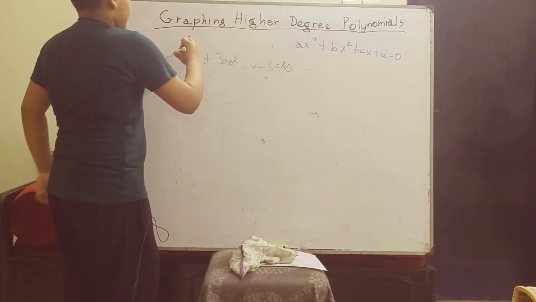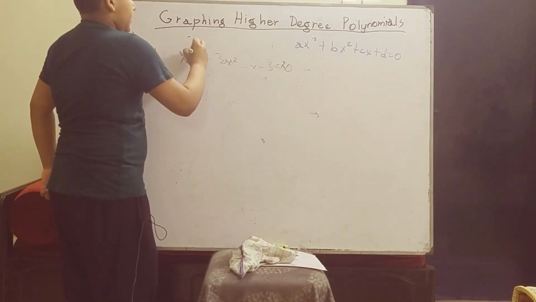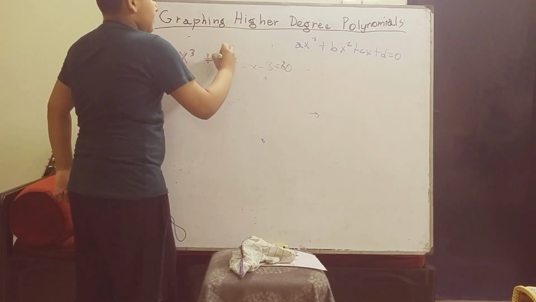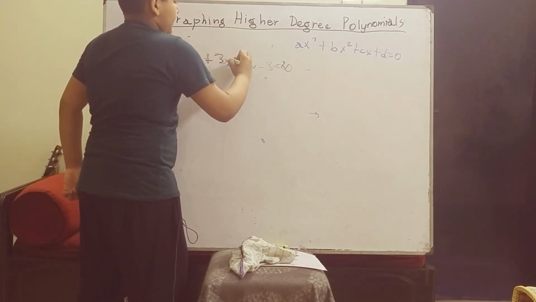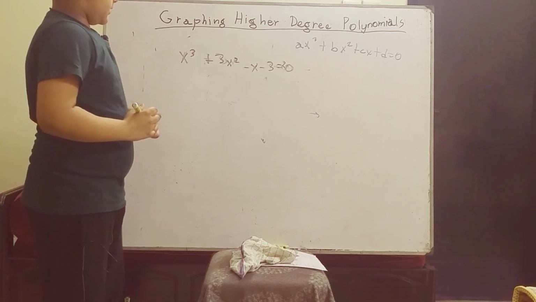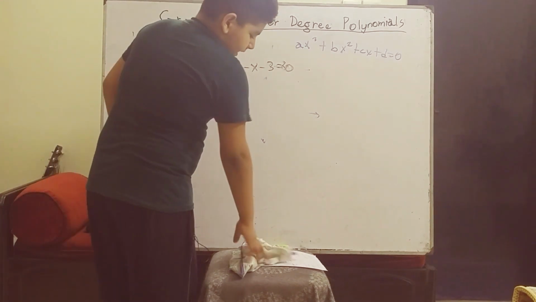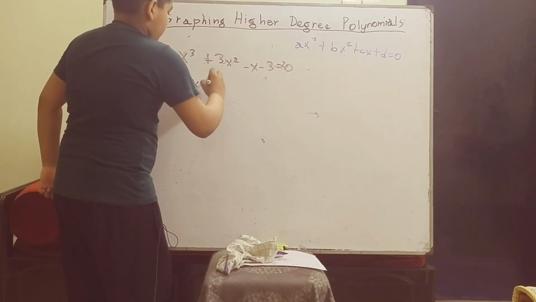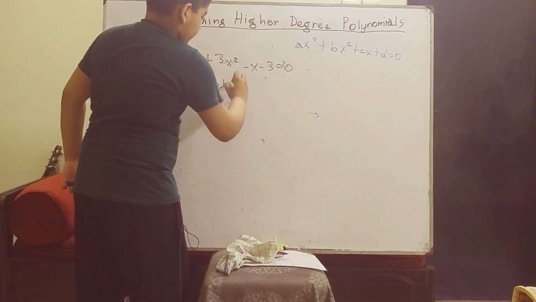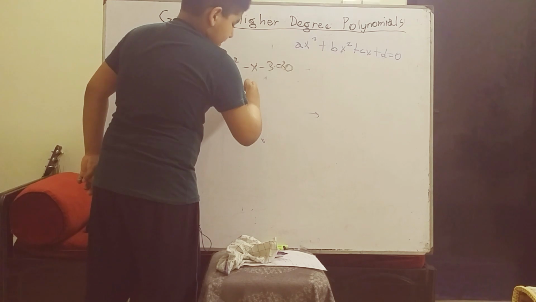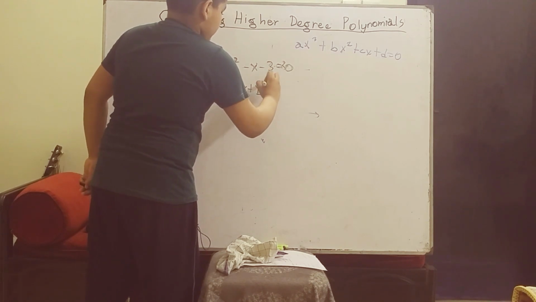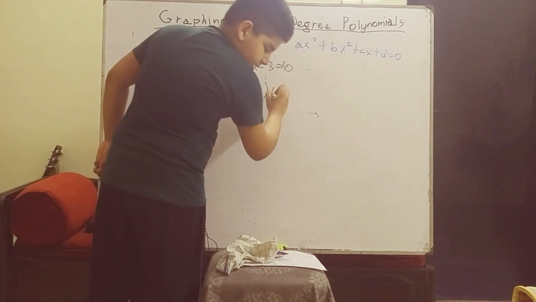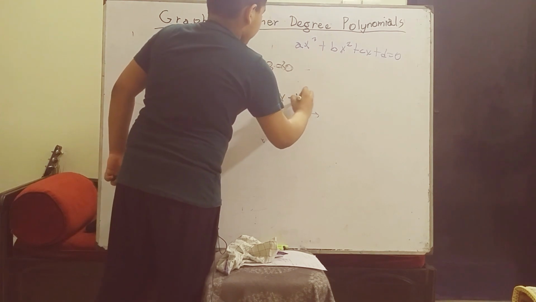Actually, let me make it darker so that it's easier for you to see. Much better. By doing synthetic division, we get x plus 3 times x plus 1 times x minus 1 equals 0.